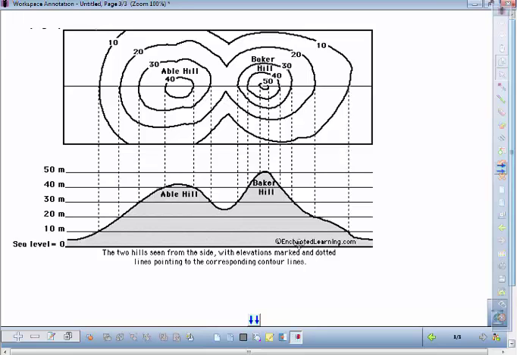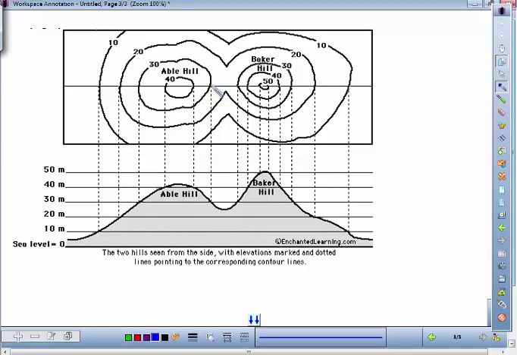Where should we go? Let's go to Able Hill. Maybe right around here. Or maybe let's put ourselves here. So we would be somewhere over here on the hill, right, in a three-dimensional picture.